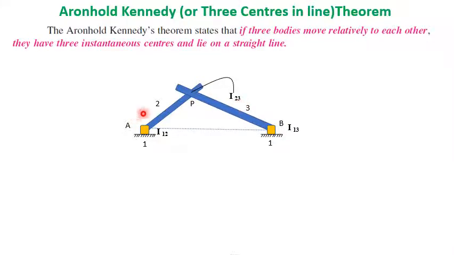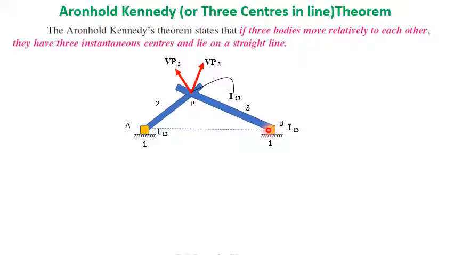If we consider this point P on link 2, its velocity is perpendicular to AP, and this velocity is VP2. Whereas if we consider the point P on link 3, then its velocity is perpendicular to link BP, and this velocity is VP3.